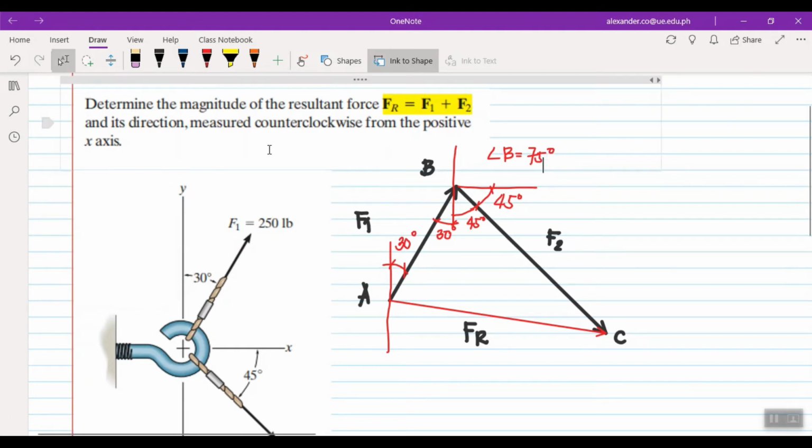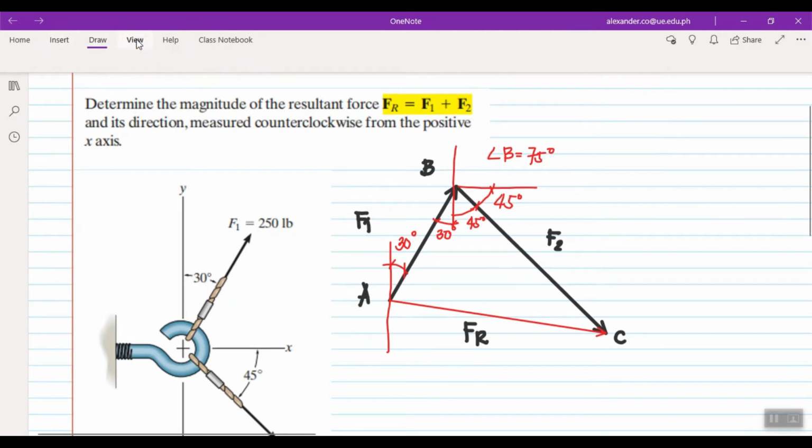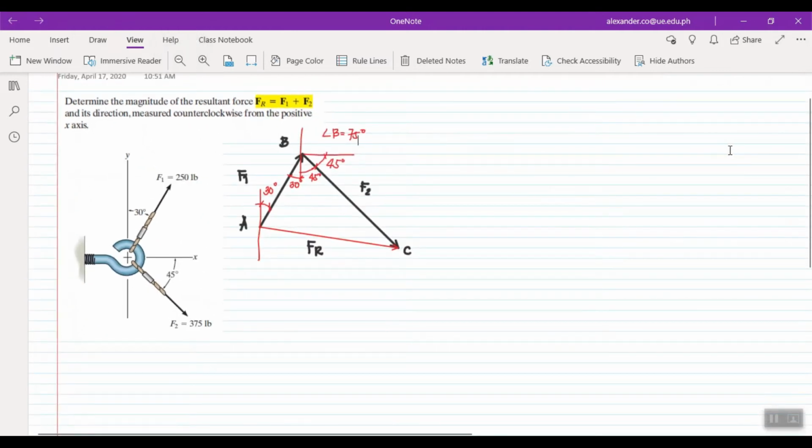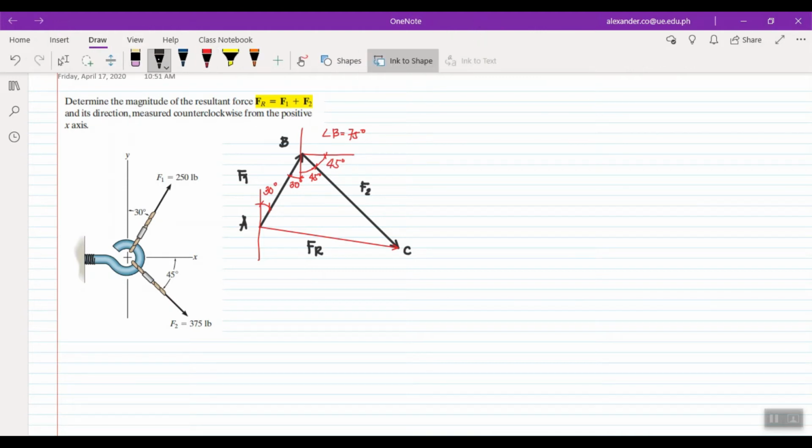Ang tinatanong, what is the value of the resultant force? Okay, since analytical method, dalawa lang naman ng method na pwede natin gamitin, di ba? Sine law or cosine law. So, pag cosine law, mas maganda kasi dalawang value na ng F1 tsaka F2 makukuha natin. Makukuha natin yung FR, tapos may isang angle B na given. Di ba? So, solution, using cosine law.